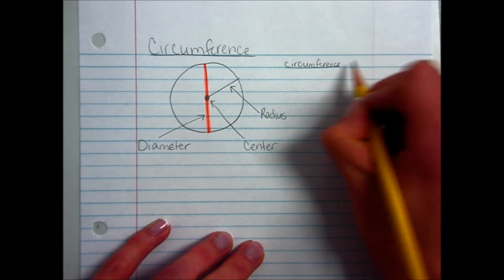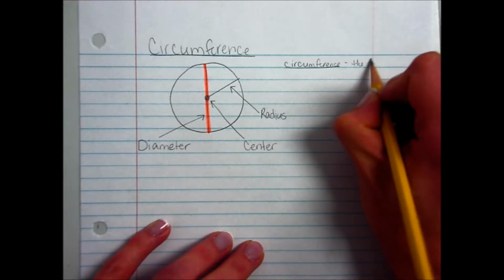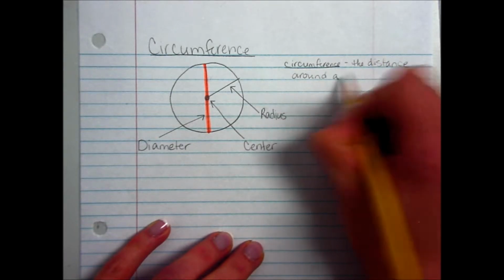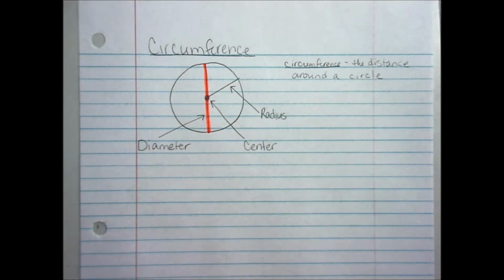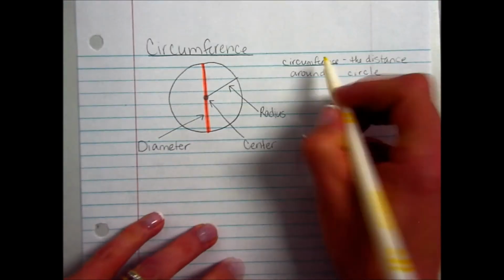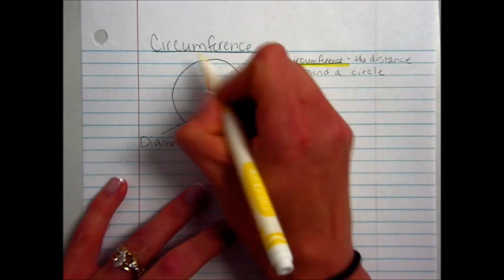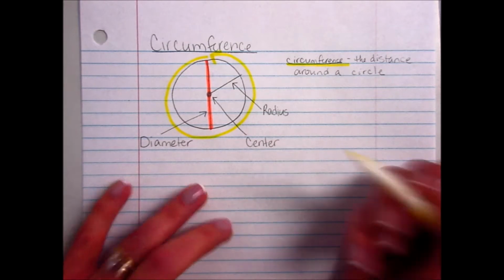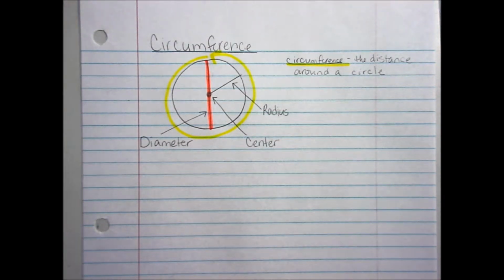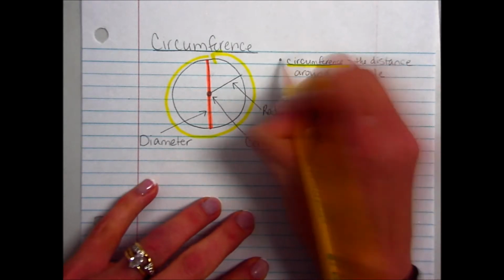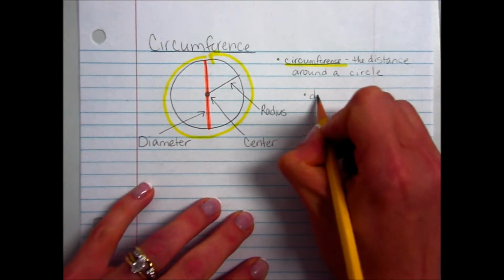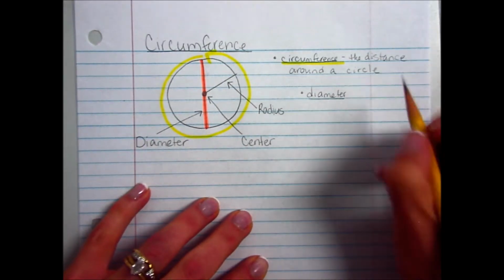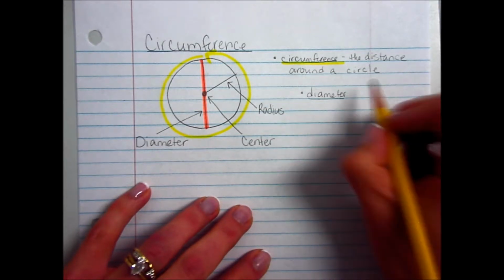Alright, so circumference is the distance around a circle. Your diameter is the distance across the circle through the center.